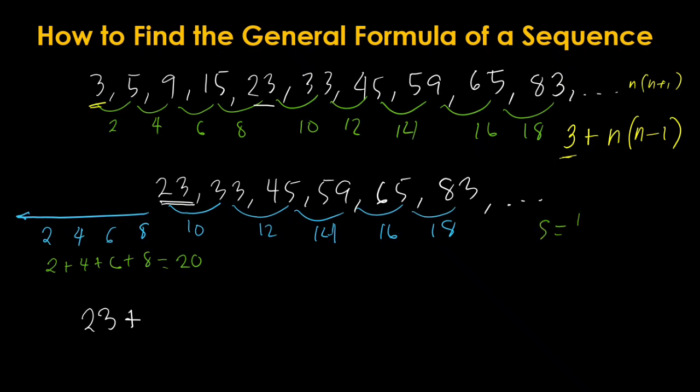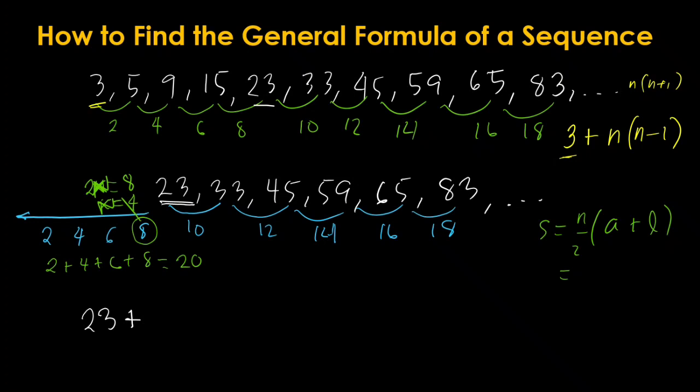S equals n over 2 times the first term plus the last term of our even numbers. Now here, since this is even, that is 2n, like 2x. Let's use another variable: 2x equals 8, which means x is equal to 4. Let's use big N instead.